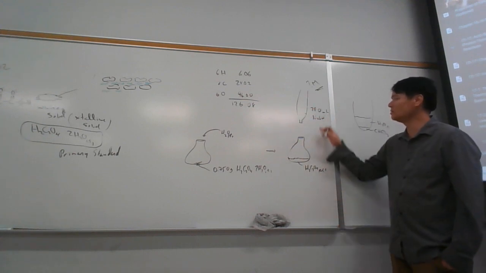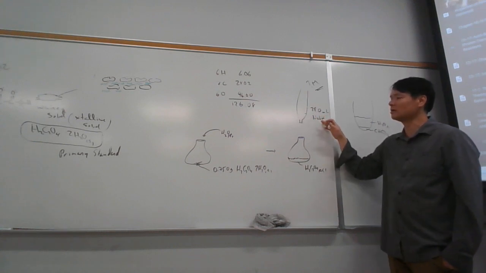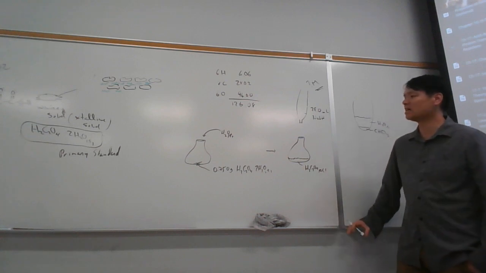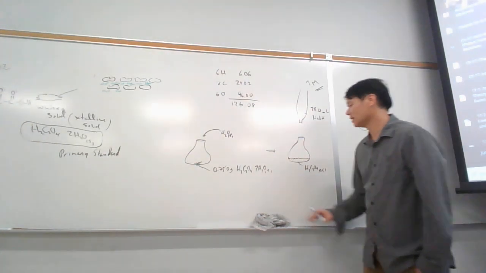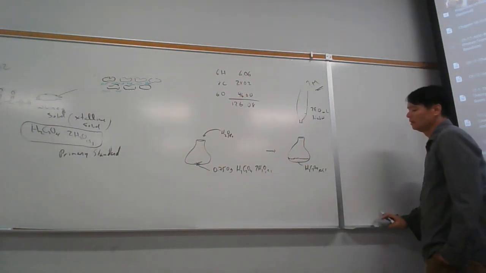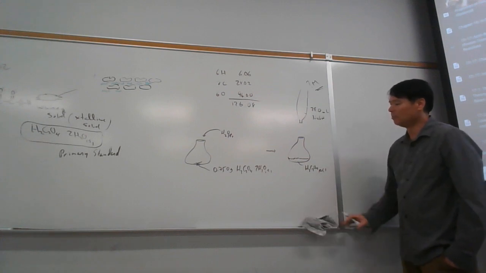Day 2, you use the standardized sodium hydroxide. Now that we know the concentration of this, we're going to use that to titrate an unknown acid. That's what we do. And then we can identify what that unknown acid is. And identification of the unknown acid is worth a lot of points. Because if you get the acid wrong, then you can end up losing a lot of points. And we identify the unknown acid by determining its molar mass.